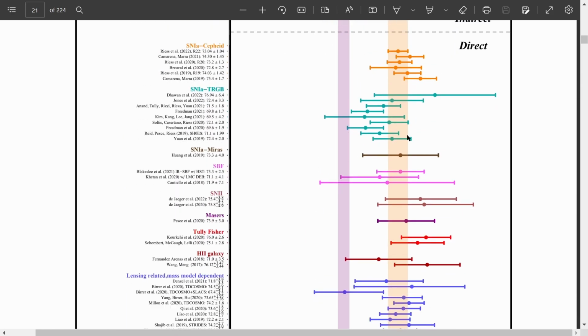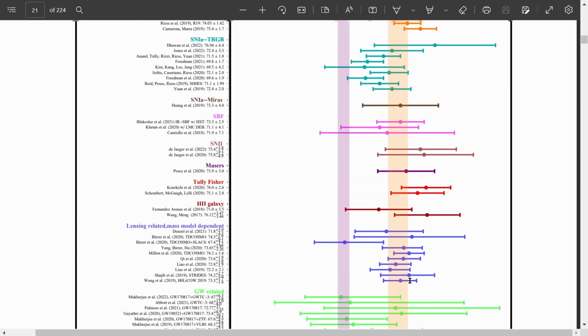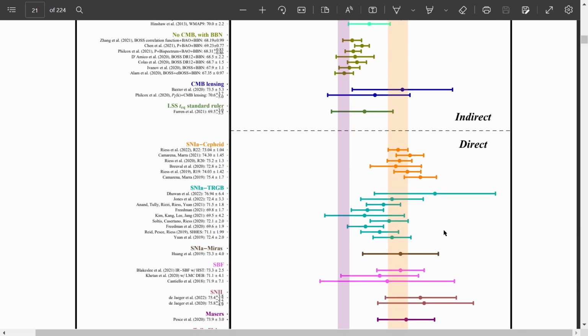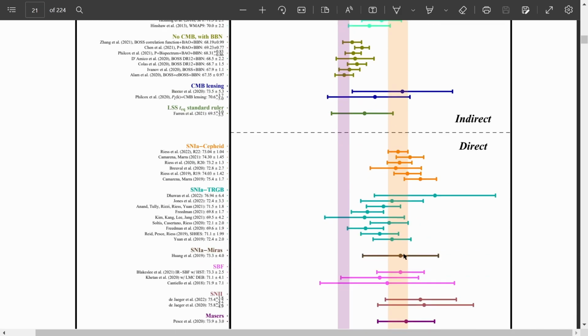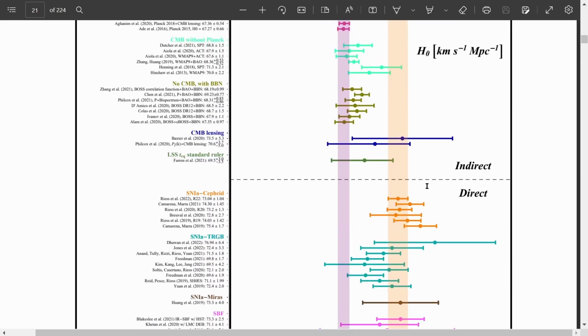What we get is that these bubbles are actually falling on the yellow portion, which gives you 70 to 75, corresponding to 74 kilometers per second per megaparsec. There is a huge difference. Here we are analyzing 65 to 70, and there we are getting between 70 to 75. So why is that?